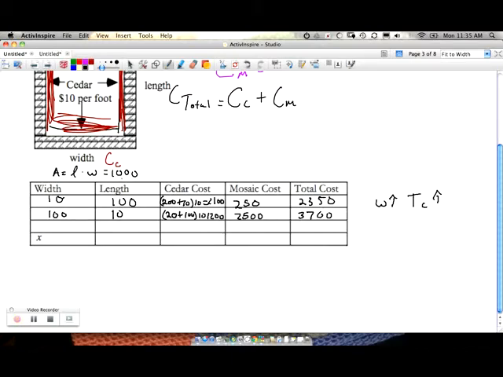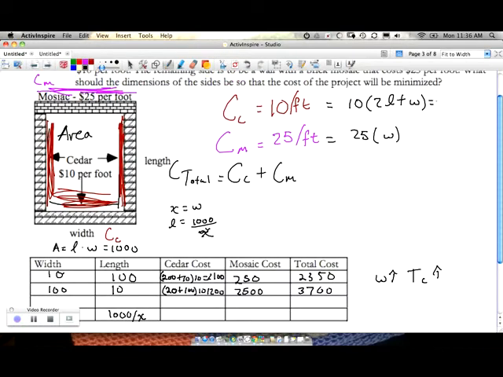So let's talk about this in terms of x. If the width is x, then I know the length is 1,000 divided by that number. And in terms of x, if we're calling x equals W and L equals 1,000 divided by x, then up here, rewriting this, this is going to be 20L plus 10W.